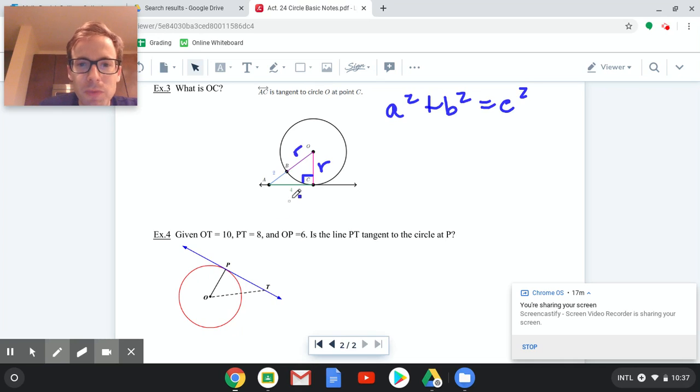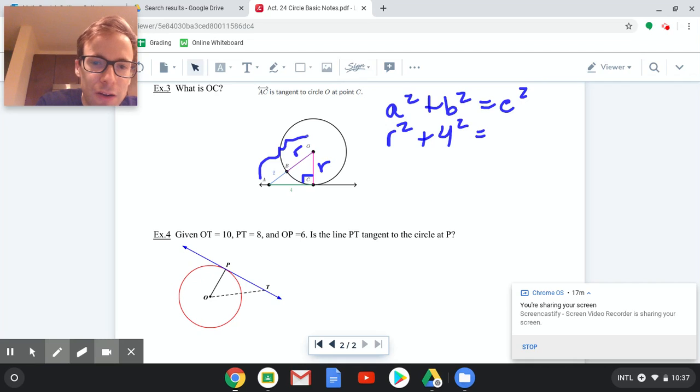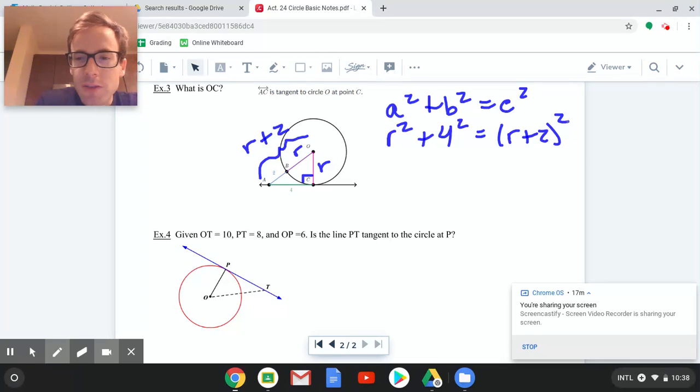So we can say r squared plus 4 squared equals the whole hypotenuse squared, which is r plus 2, or 2 plus r. We have to put this in parentheses to represent the whole hypotenuse and then square that. This is Pythagorean theorem, and it's going to allow us to solve for r, which is going to represent the measure of OC in the end.